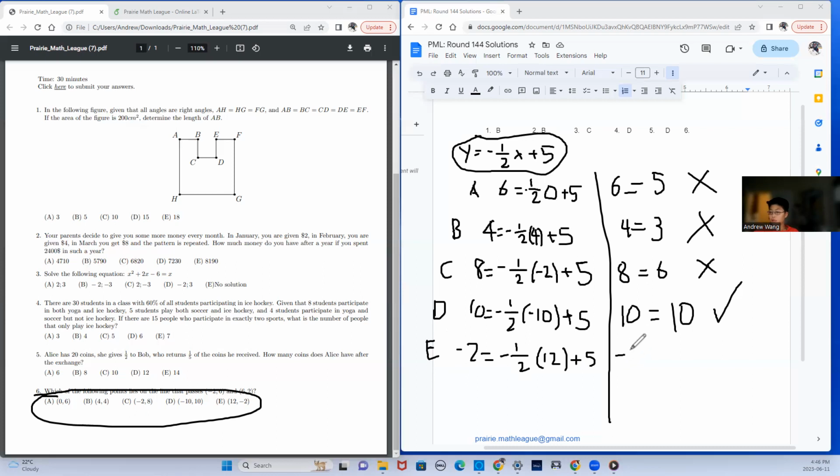So this supposedly means that -2 equals -1. And that is not true. So therefore only D works, and D is -10, 10. And so the answer to question 6 is D.